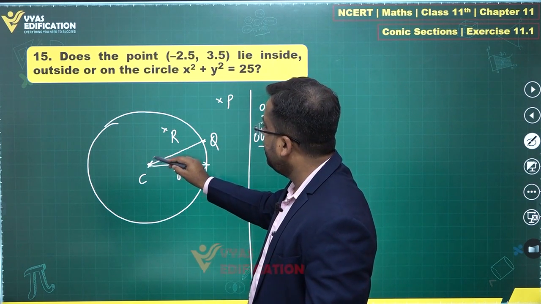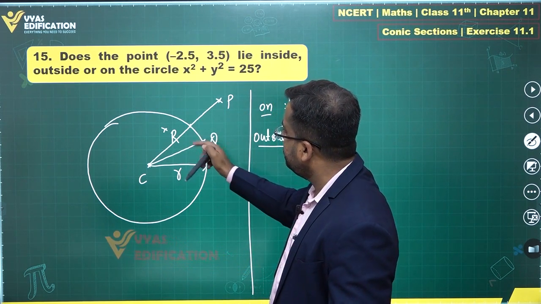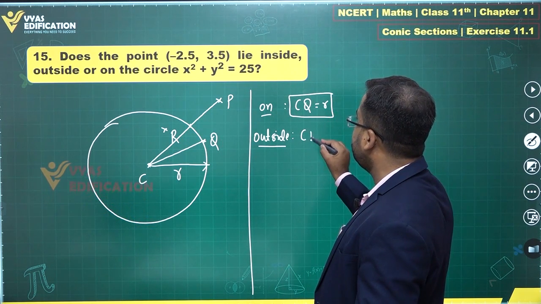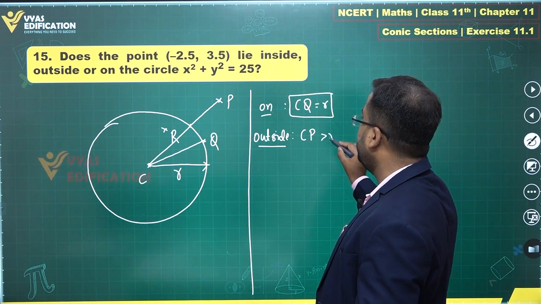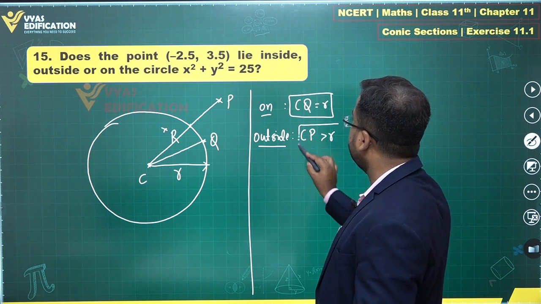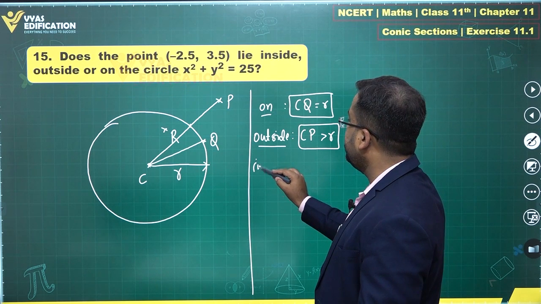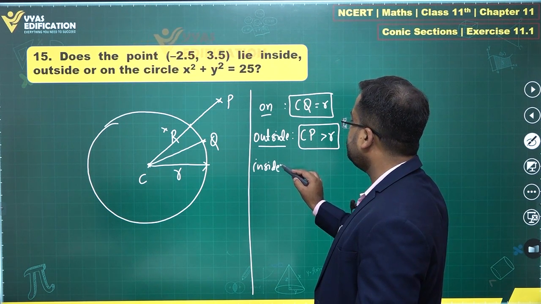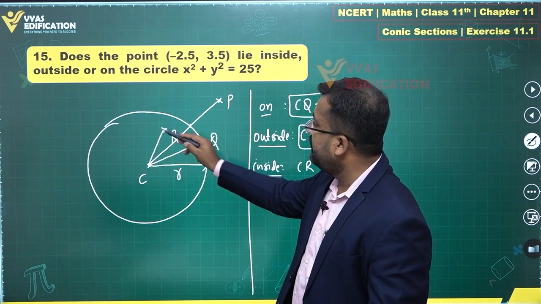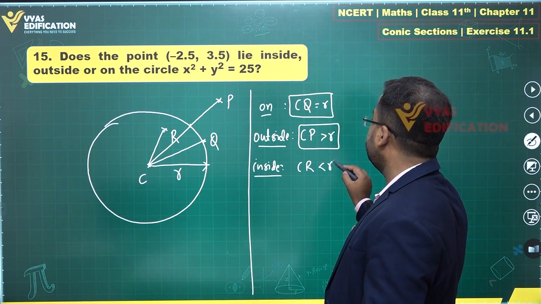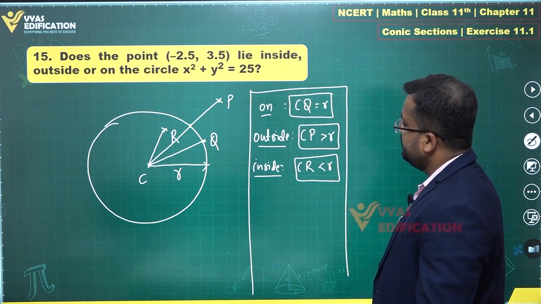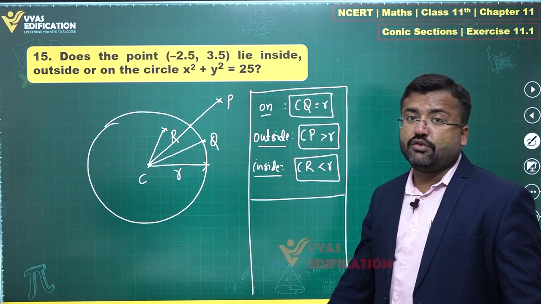Once again we join this, and at this particular point we get the radius. So this distance of C from P should be greater than the radius of the circle. Yes, for a point outside the circle, this is the condition. For a point inside the circle, do you observe that this distance CR is less than r? Yes, and those are the important results related to the position of a point with respect to a circle.